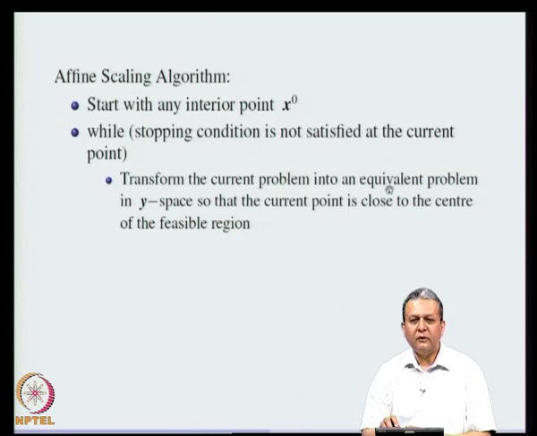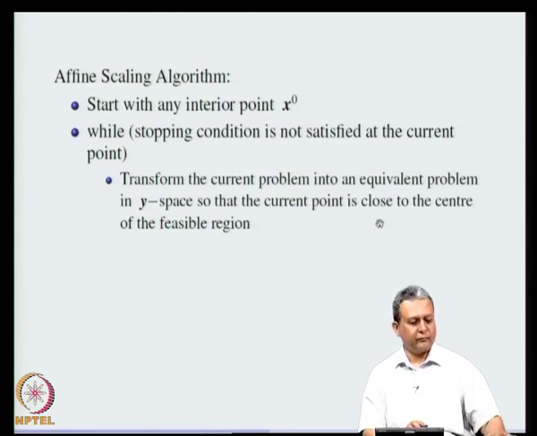Note that this is very important: we should have an equivalent problem in the Y space. We may not always have a linear program in the Y space, but we should have a problem which is equivalent to the original problem. And this transformation should be such that the current point is close to the center of the feasible region.